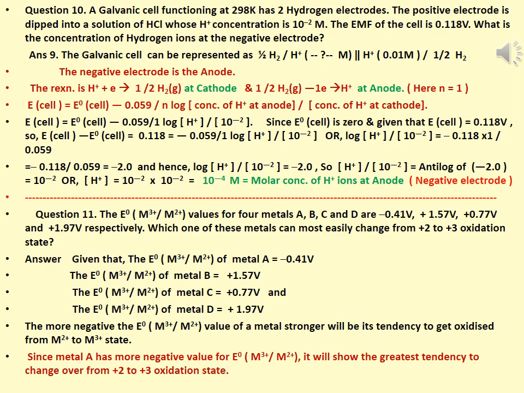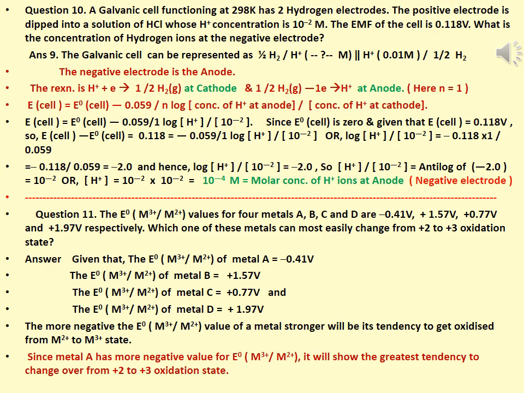The positive electrode is dipped into a solution of HCl whose H plus ion concentration is 10 power minus 2 molar. The EMF of the cell is 0.118 volt. What is the concentration of hydrogen ions at the negative electrode? Remember, in a galvanic cell, the negative electrode is the anode.